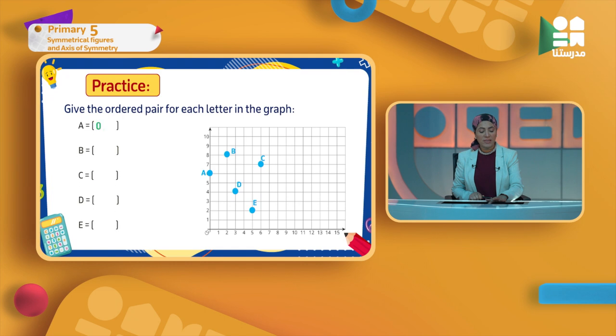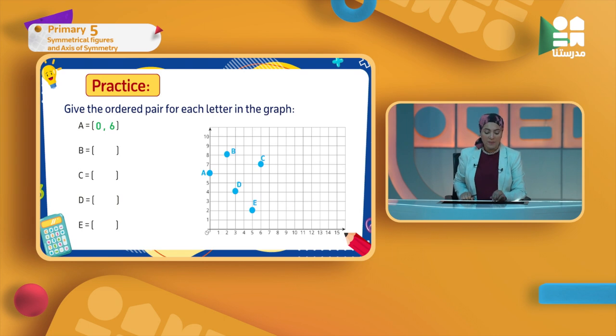We have the letters A, B, C, D, and E, and I want to get the coordinates of each point. We will start with point A. At point A I did not move at all along the x-axis; I am still at the point 0. So my x-axis coordinate is 0. But I moved from the origin point along the y-axis to the point 6. Then my answer will be 0 and 6.